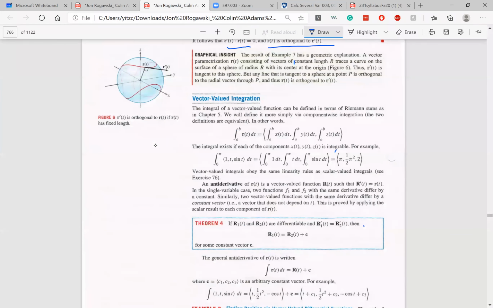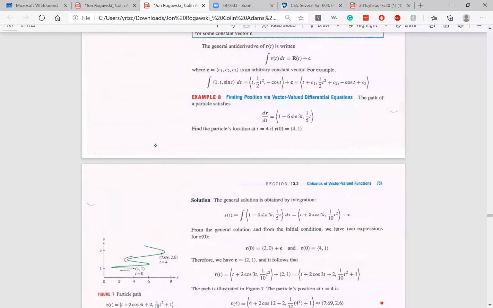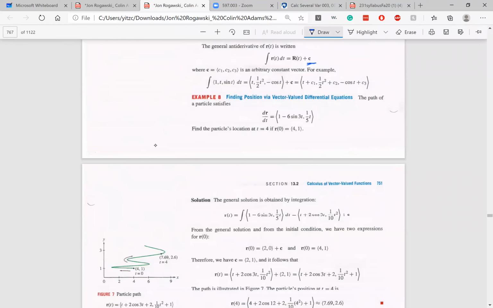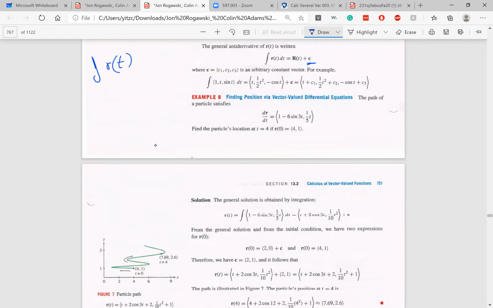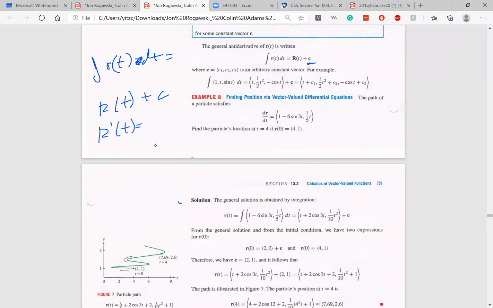Like in Calc 1, we have a constant that shows up. So the integral of r of t dt, if you don't have bounds for your integration, is going to be r of t plus some c, where r prime of t is equal to the integrand.